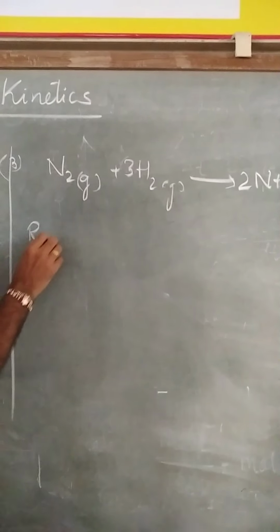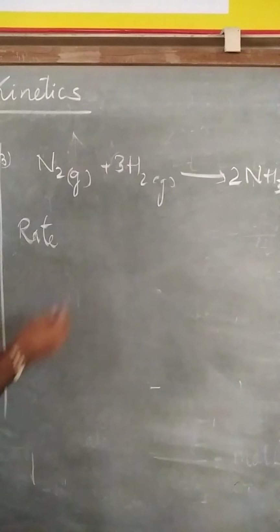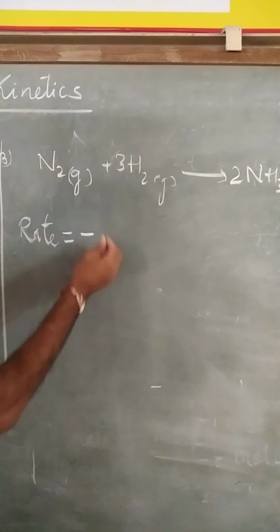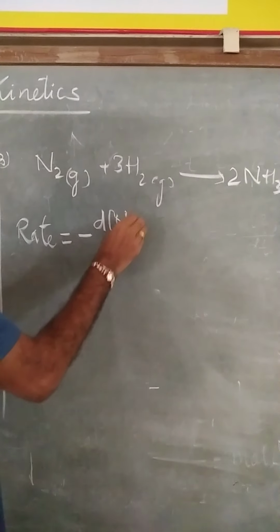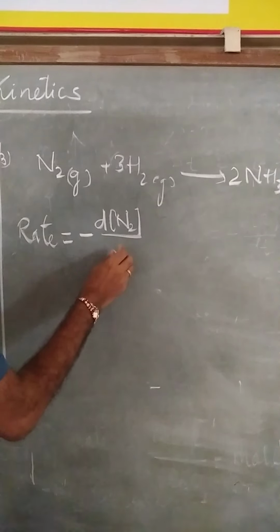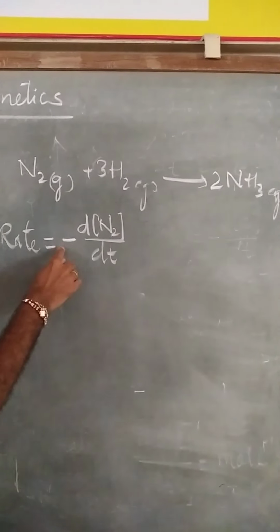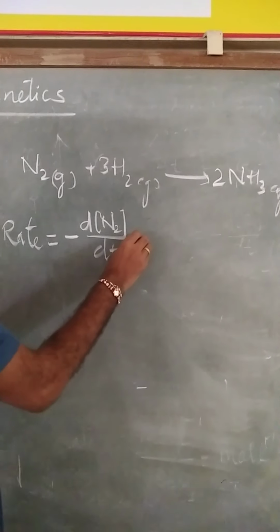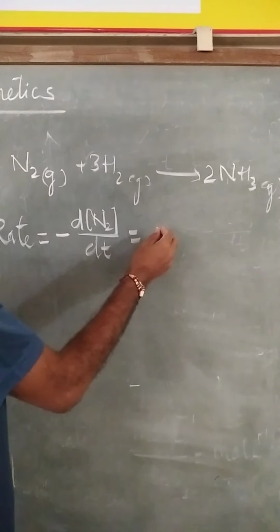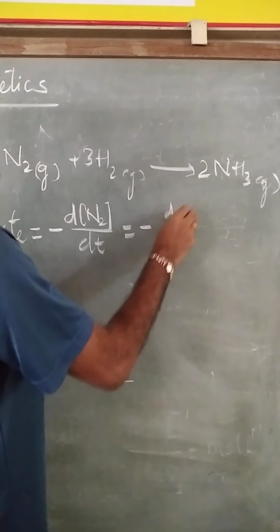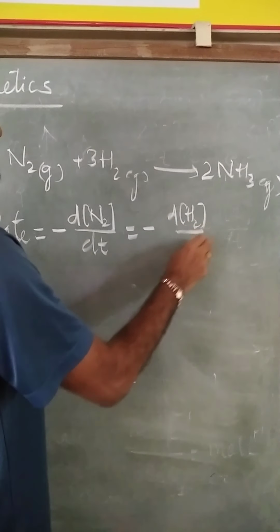So the rate of such a reaction can be written as rate of reaction equal to minus the change in concentration of nitrogen gas with respect to time, that is minus d[N2] by dt, which is equal to minus d[H2] by dt.